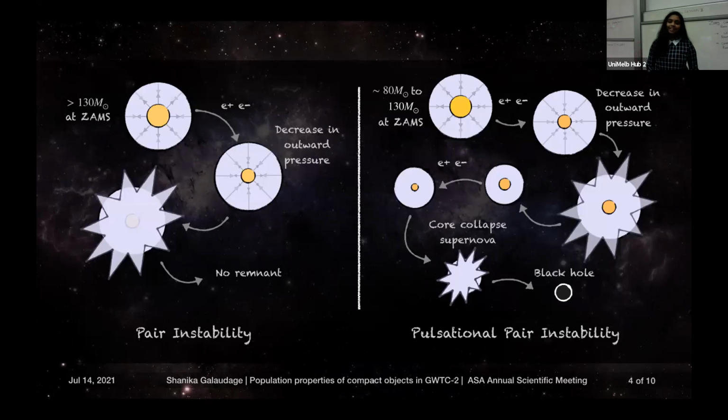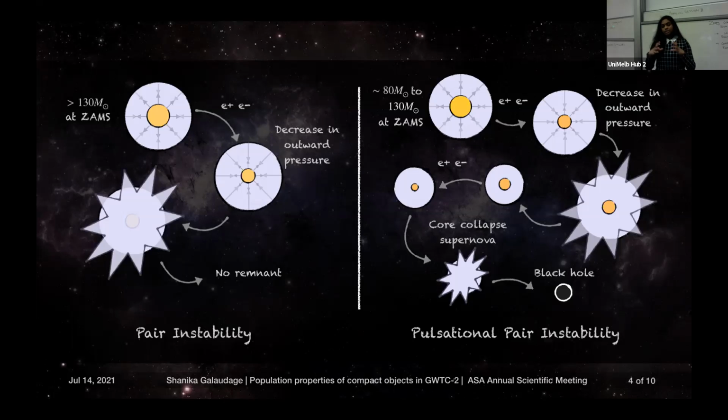On the left here, I have the pair instability process outlined. Here you have stars that are really, really massive, greater than 130 solar masses at zero age main sequence. These stars are massive enough that, in the core, the photons are the ones giving the pressure outwards, and these photons can spontaneously become positron-electron pairs, and this decreases the pressure in the core.